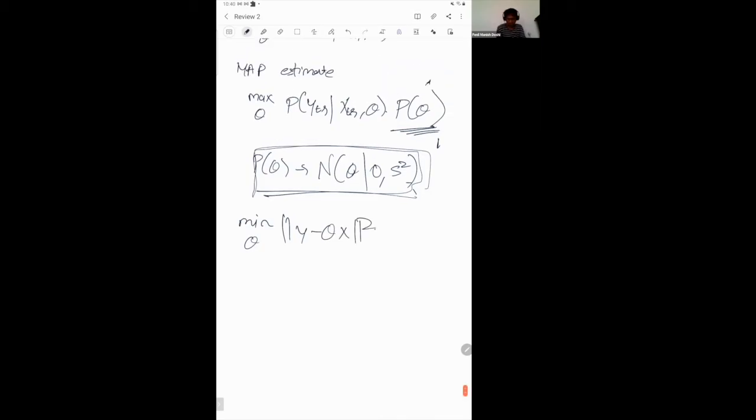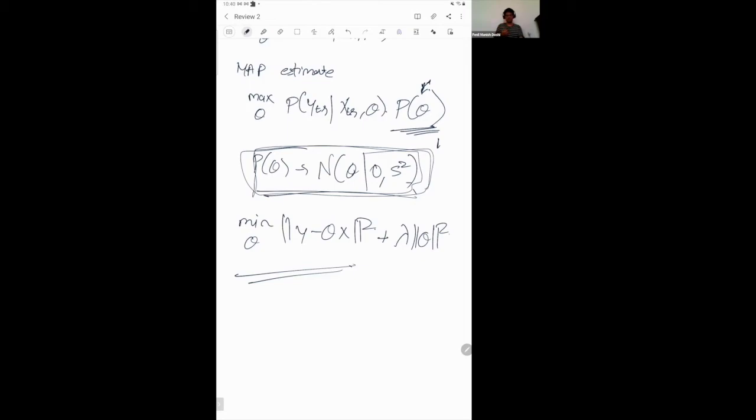If we had just assumed a uniform distribution, then we would have ended up here. But because we also assumed a normal distribution, we incorporated our own beliefs about what the weight vector should be, that it should be as close to zero as possible. So we also got this lambda term.